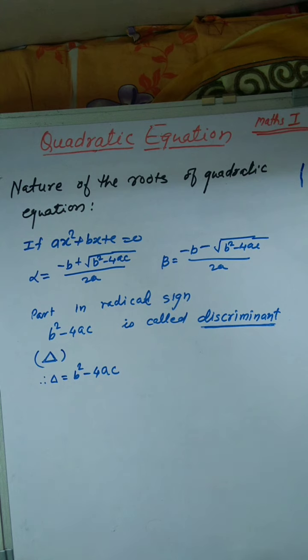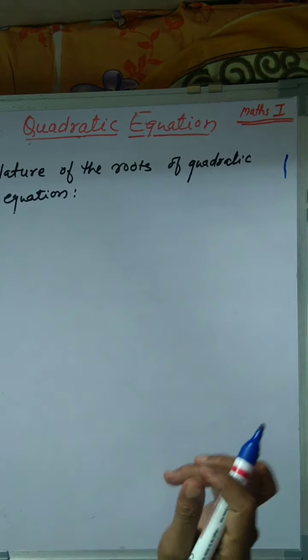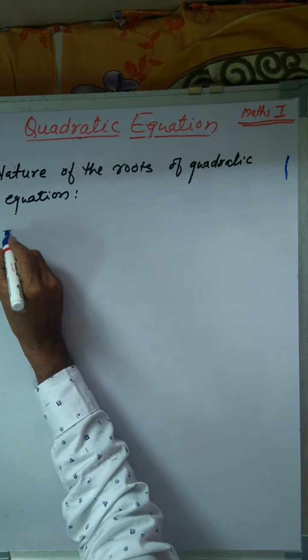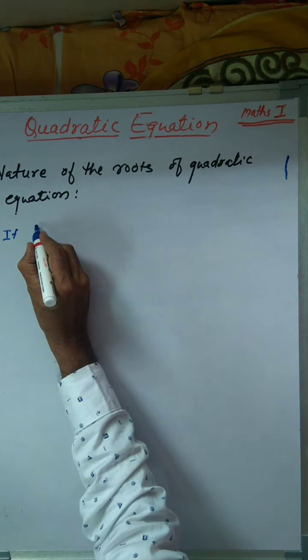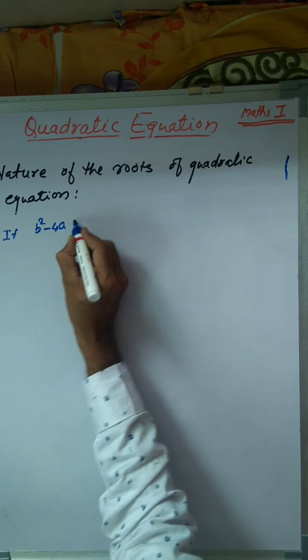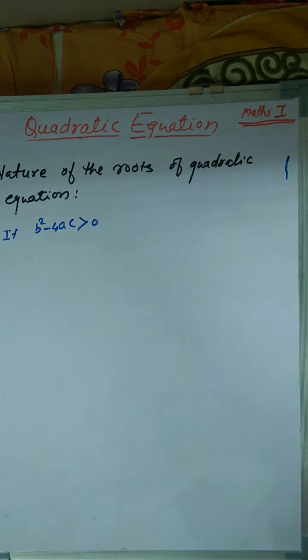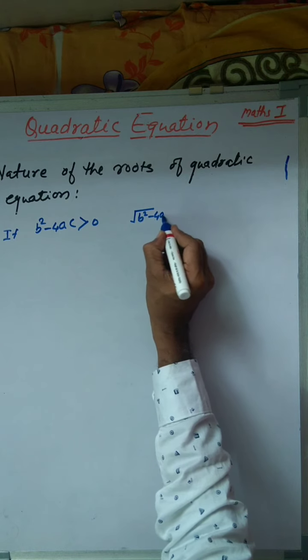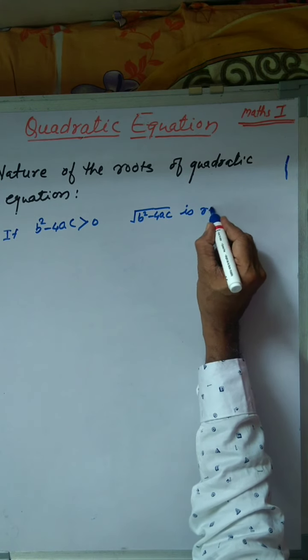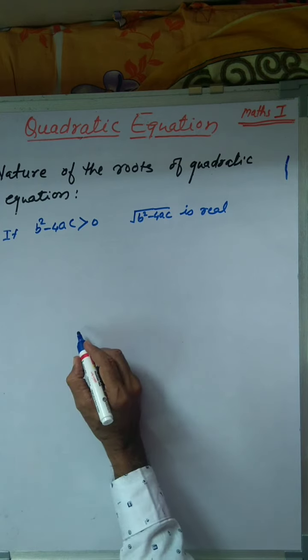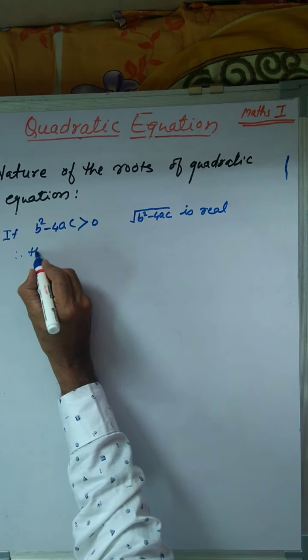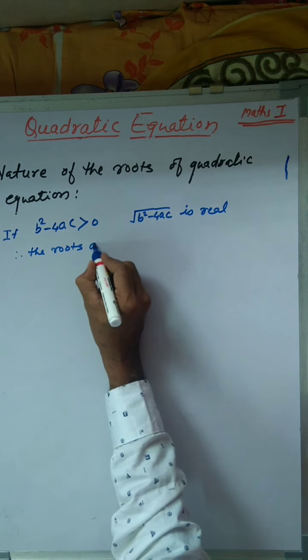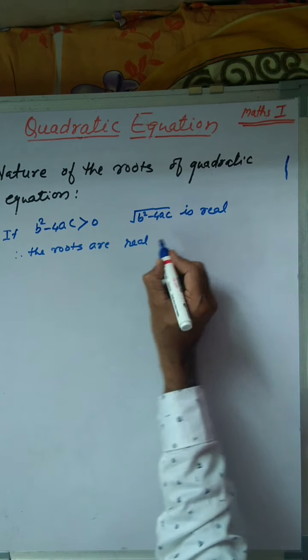Now we see the nature of the roots. First, if b² − 4ac is greater than 0, then √(b² − 4ac) is a real number, and hence the roots are real and unequal.